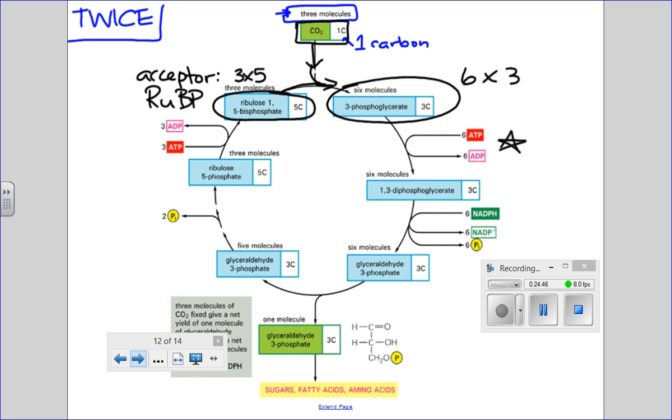Now notice over here, there's the first spot that some ATP is being used. What's actually happening here is that I'm taking ATP and I'm making ADP. That means the third phosphate is being broken off and I am getting energy.